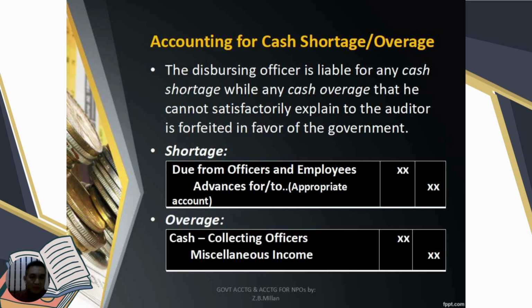If there is a cash overage, it goes to the government. Who is liable if there is a shortage? The disbursing officer, for example the cashier who made the mistake or has the responsibility, will pay. For shortages: due from officers and employees, advances. For overages: cash collecting officer, miscellaneous income. The overages go to the government if he does not know to whom it should be returned.